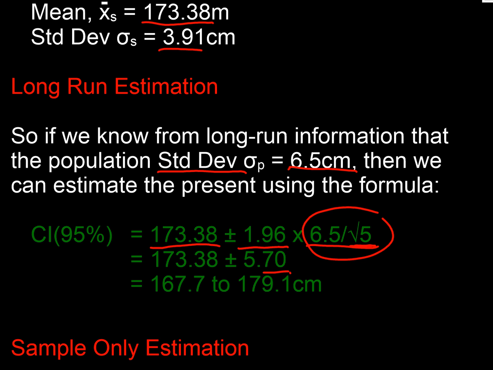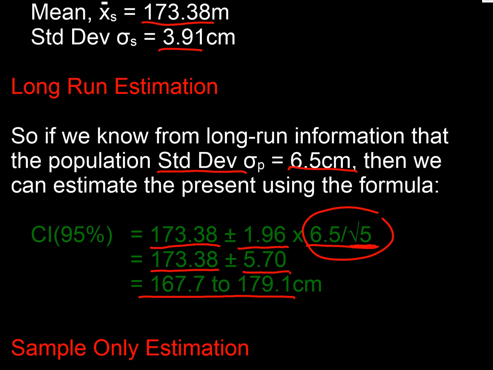Those together give us 5.7. So we think our population mean is 173.38 plus or minus 5.7 centimeters. That gives us a range of 167.7 to 179.1 centimeters for our population mean.